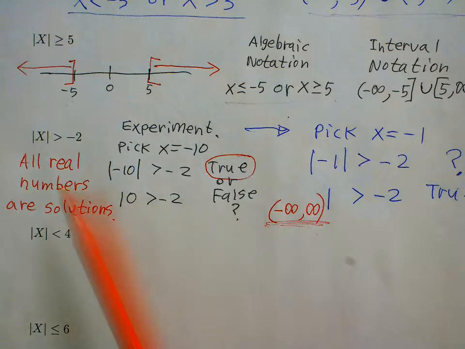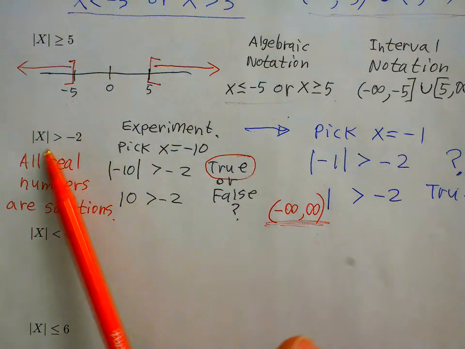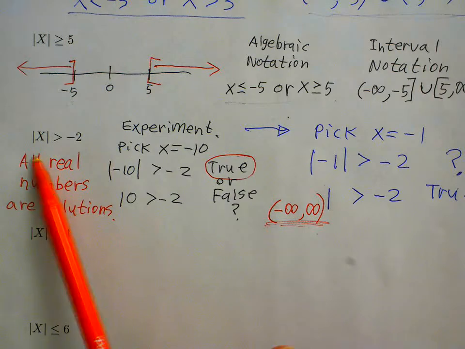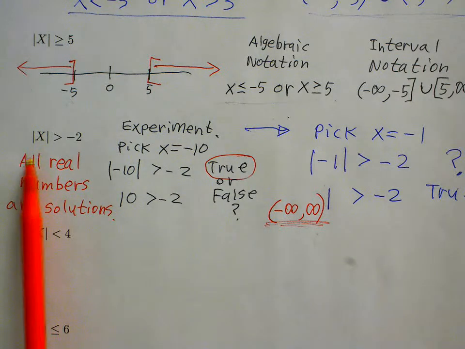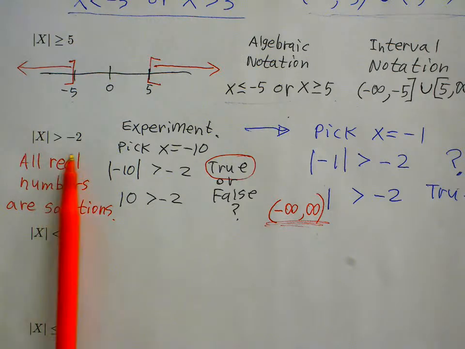Okay, ponder that. If it still doesn't quite make sense, think about what we were just discussing. The absolute value of a real number is always greater than a negative number, always.